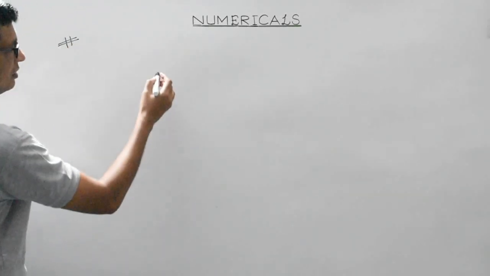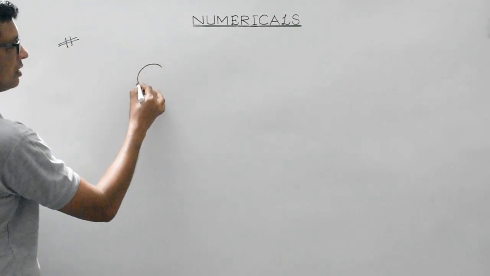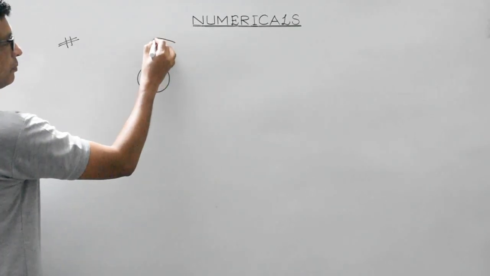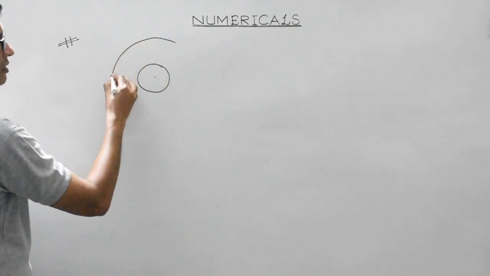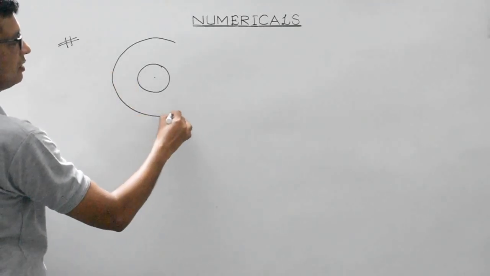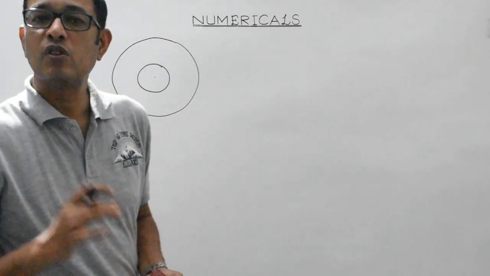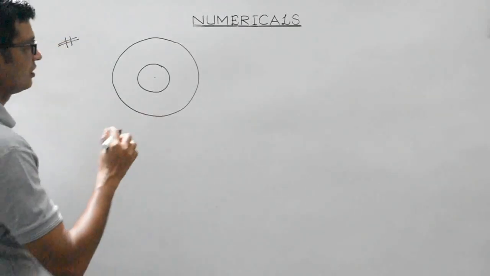Let us consider a conductor in the form of two concentric spherical shells. Students, please concentrate on the statement. Let us consider a conductor which is in the form of two concentric spherical shells.